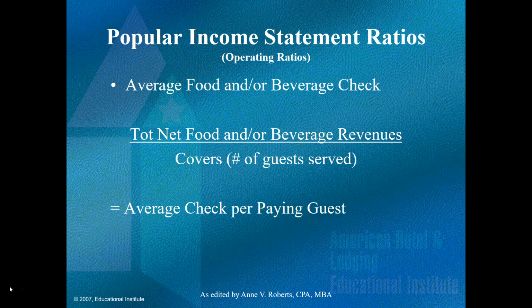So maybe if you want to picture both, now we're talking about folks that came in, ordered dinner, and had a glass of wine, so we had to serve them from the bar as well. Okay. So average check per paying guest.